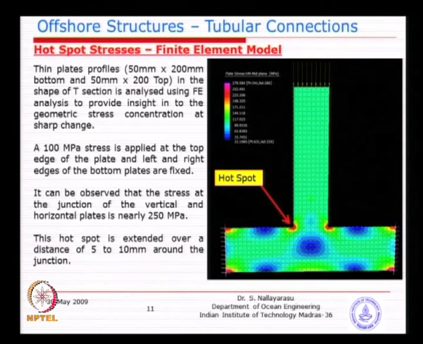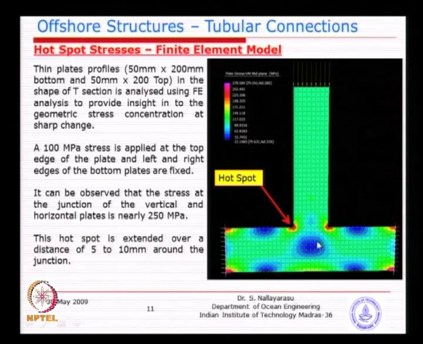So, you can see uniformly applied axial stress on the plate from top all the way up here, but when it comes to a junction you can see the local change in direction from a vertical plate to a horizontal plate, you can see a notch stress, basically we call it a notch effect, and that becomes a highly stressed point.